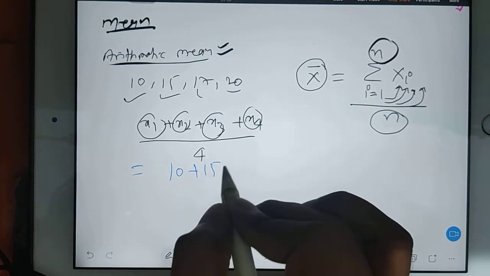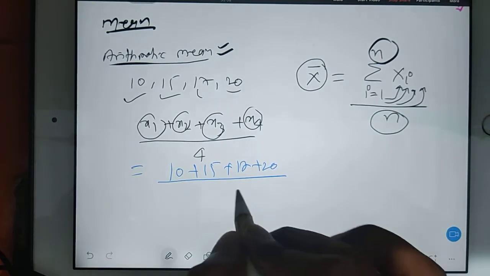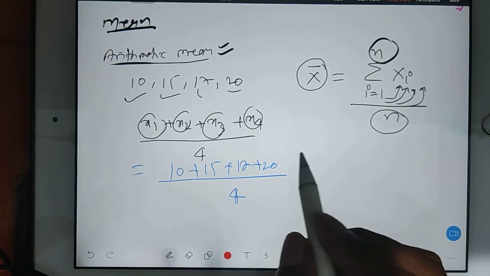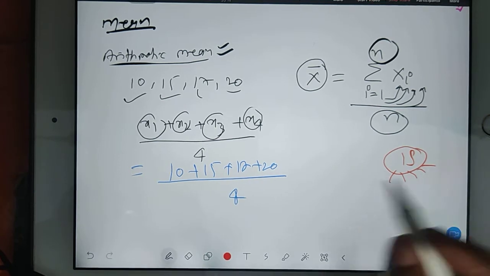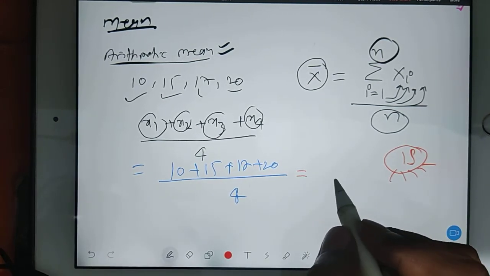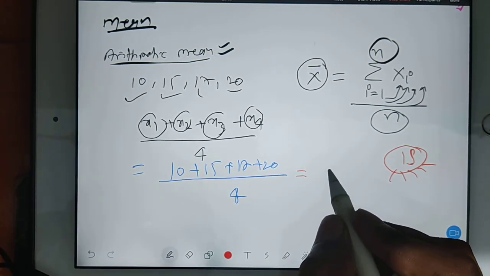10 plus 15 plus 17 plus 20, divide by 4. I know this is very basic, but it is about the 15 marks. So that's why we have to do this. So what answer will come?